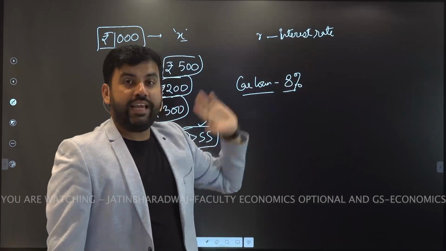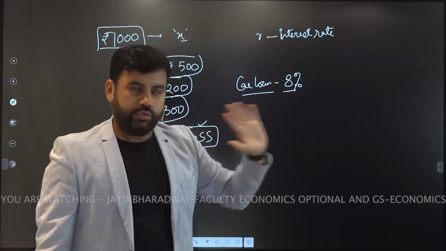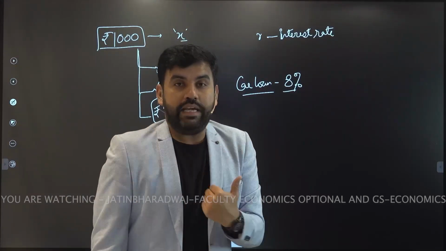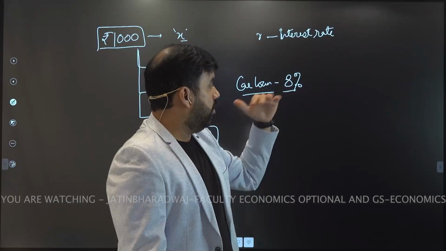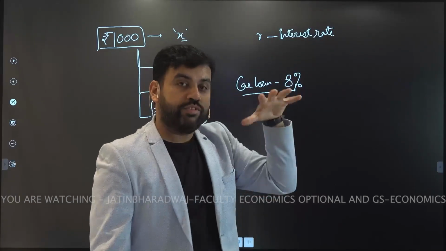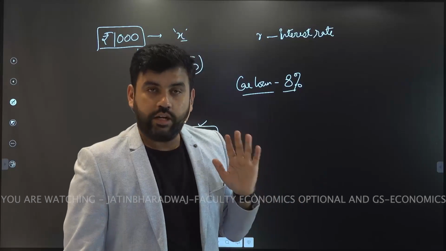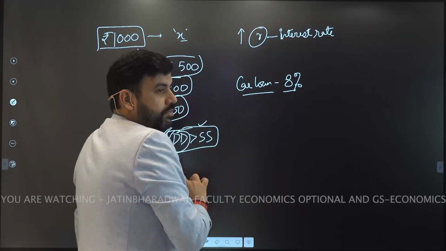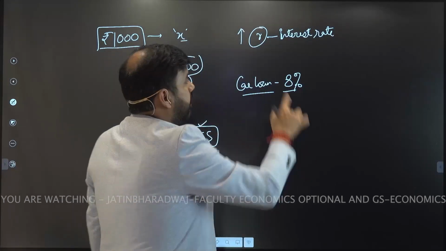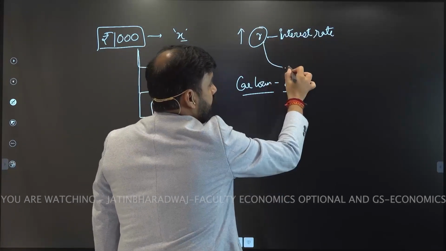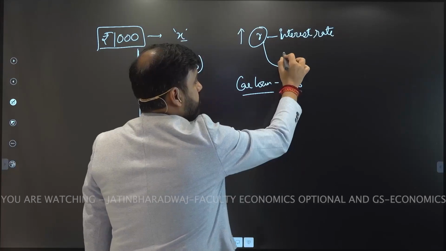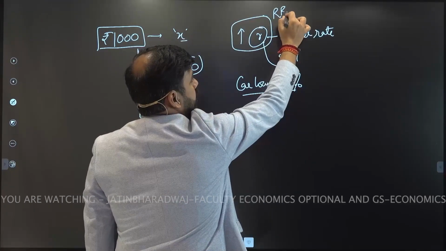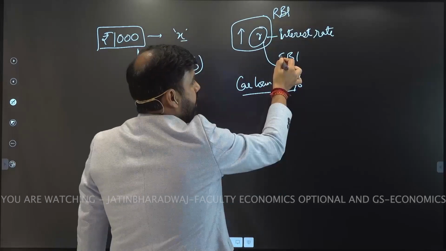Now in this case, if this is 8%, I can buy a car, I will plan and I will buy it gradually. But what is the other way around? Government and RBI do not want me to buy this car, because they want to restrict my consumption so that inflation is controlled. So what they'll do is RBI will increase the rate of interest. This increase will gradually transfer to my car loan by SBI, from RBI to SBI, and from SBI to me.